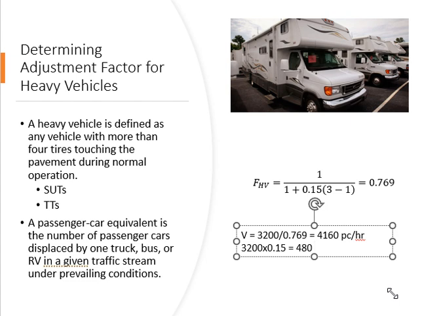For these 480 vehicles, the factor is 3, right? The EHV is 3, so multiply by 3. How much? 1,440. So from the volume, 480 were heavy vehicles, and the remaining were what? Cars. So I will add these cars here now. The remaining cars, so plus 3,200 minus 480.